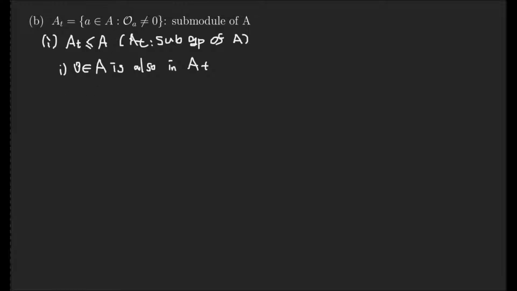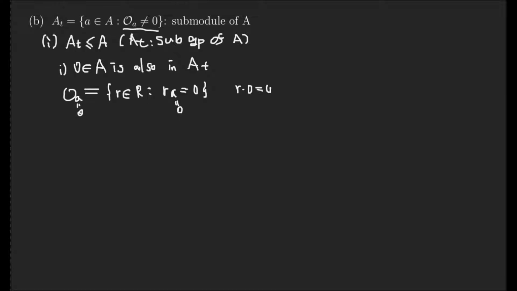Since 0 is clearly an element in A, we consider O_A, which means the collection of the r such that rA is equal to 0. In this case, because a is 0, we get 0.